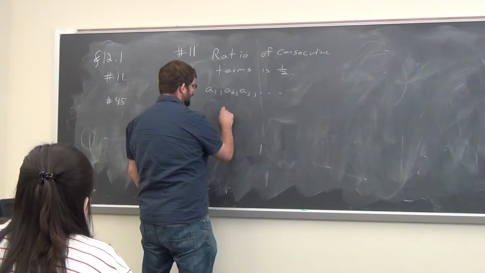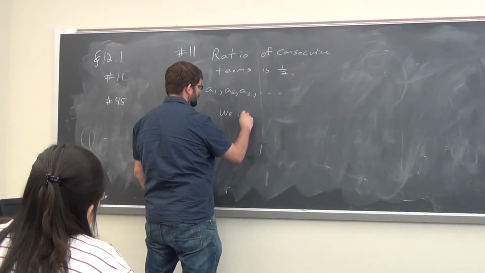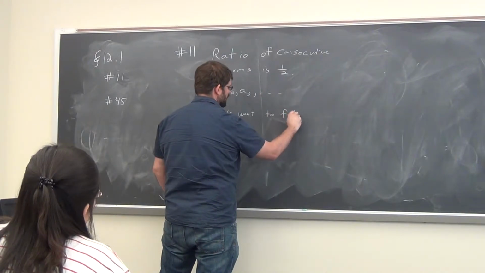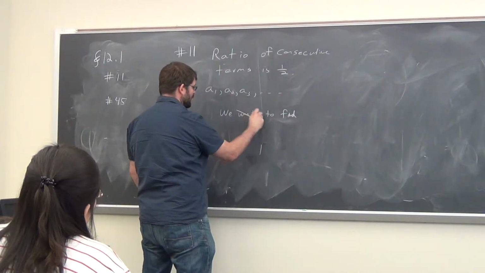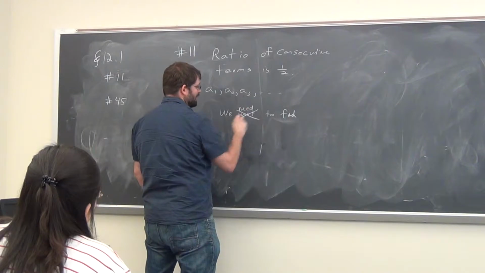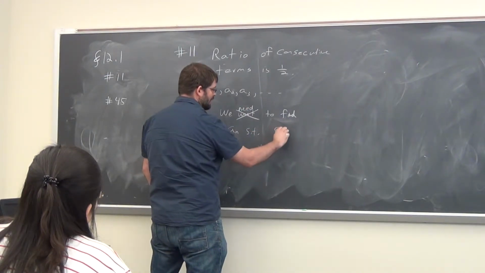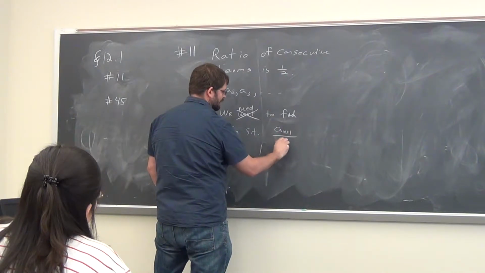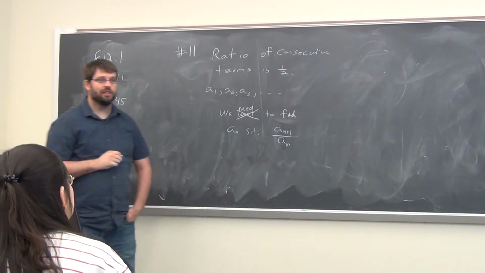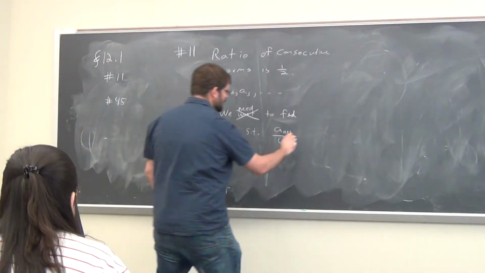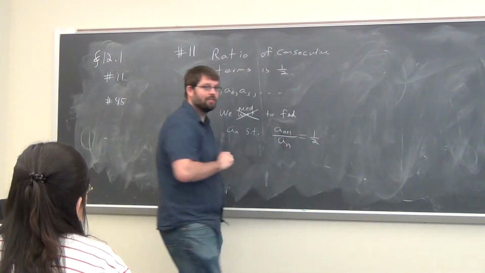And so we need to find a sub n such that the ratio, so that's the quotient, of consecutive terms, a sub n plus 1 over a sub n, equals 1/2. Does that make sense?